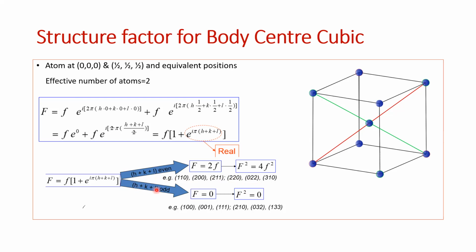And when the h plus k plus l sum is odd, then we get e to the power iota pi. Suppose this would be 3, then this would become -1. So f into (1 - 1) becomes 0. So we cannot observe the planes whose h plus k plus l sum is odd. In case of body-centered, these are not allowed planes.